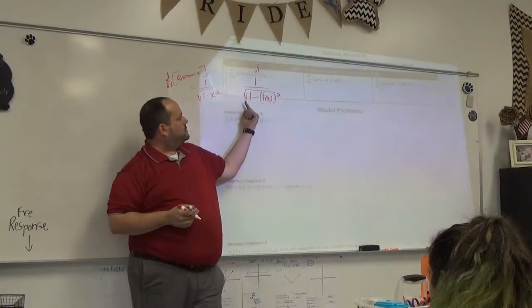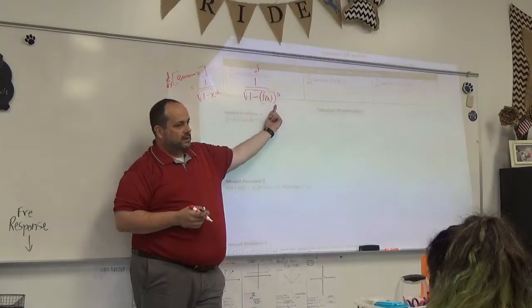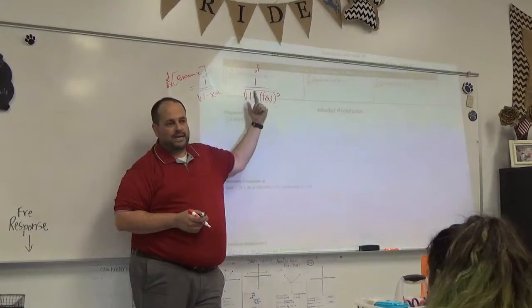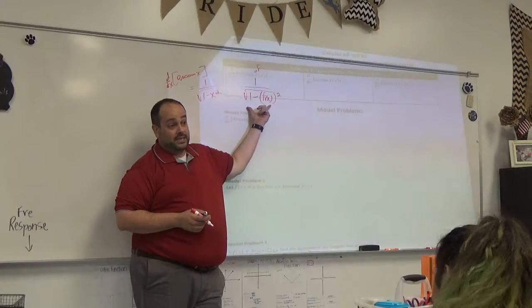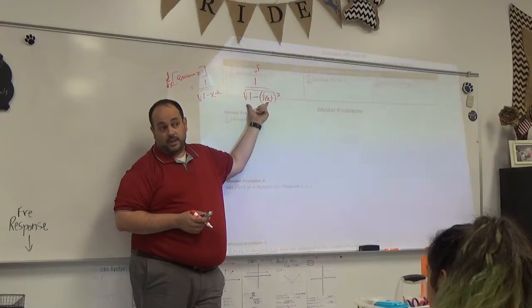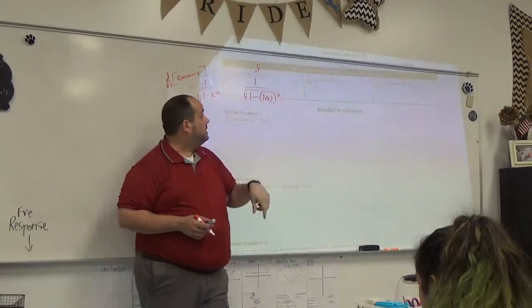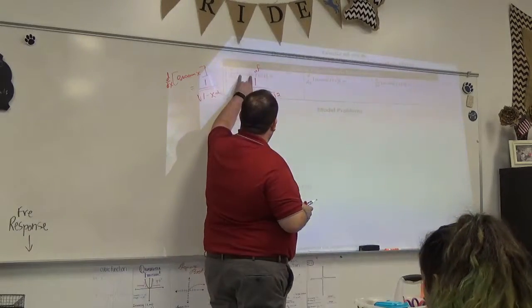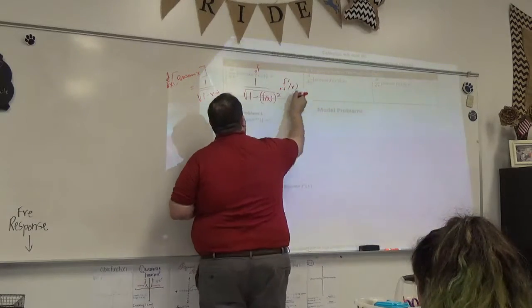So instead of 1 over the square root of 1 minus x squared, 1 over the square root of 1 minus f of x squared. That wouldn't be complete. That's not what the chain rule would tell me to do. You take the derivative of the mama, leave her baby alone, times the derivative of the baby.